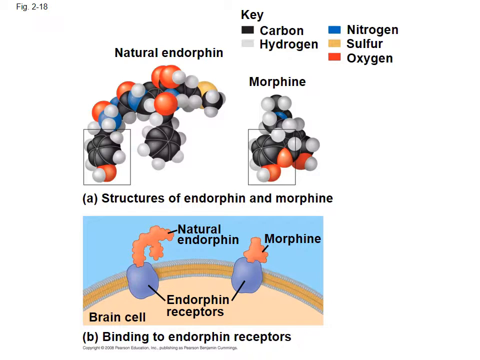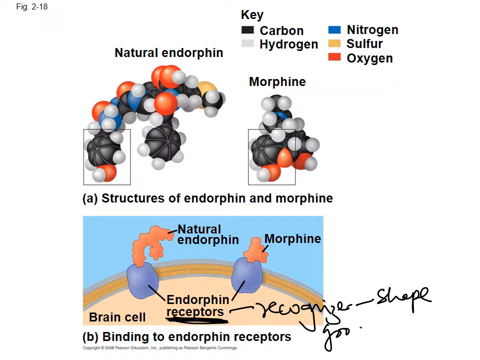So this is your natural endorphin. It has this structure which is recognized by the receptors, meaning certain parts of the cell which recognize the shape, because it is like a good fit.